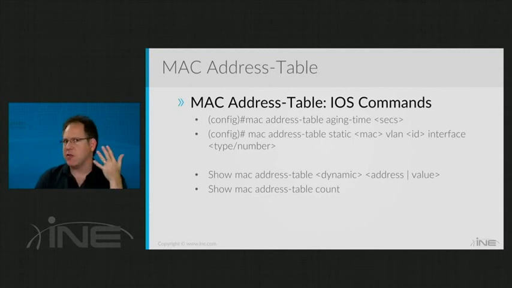Well, if that device never transmits a frame, the switch will never learn its MAC address and be able to associate its MAC address to the port where it's connected, which means any traffic going to that device will have to be flooded because the switch won't know where it lives. So adding a static MAC address could solve that problem.